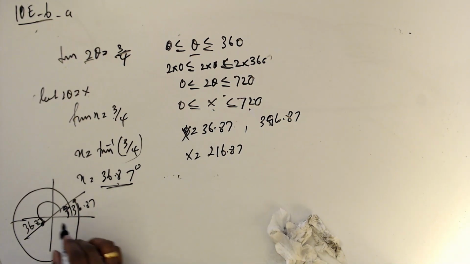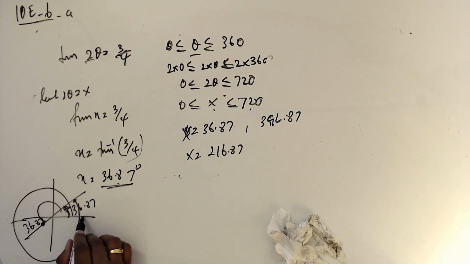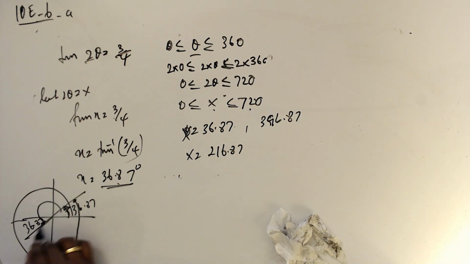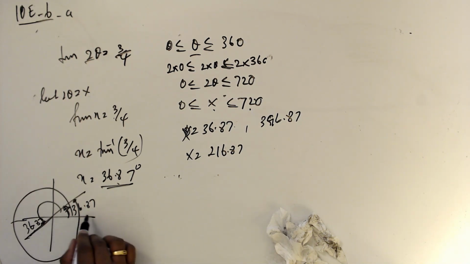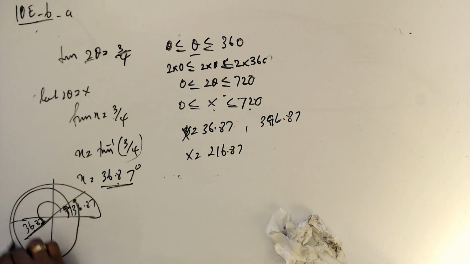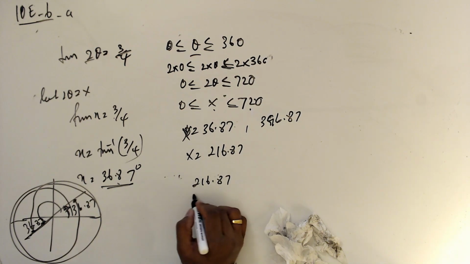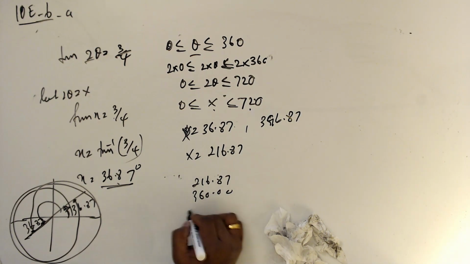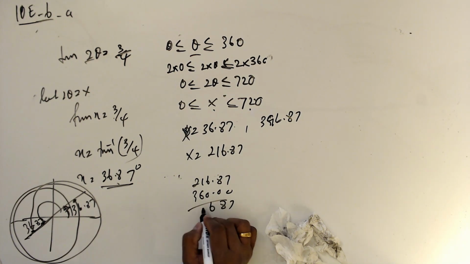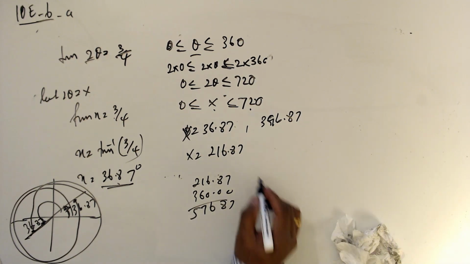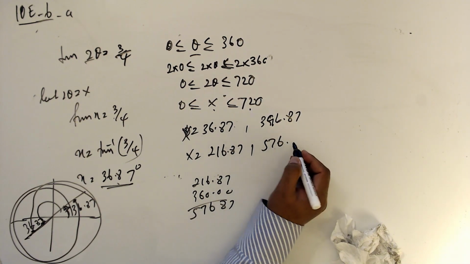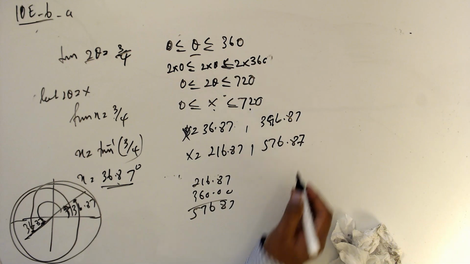Now this one, then I'll start from here. I'm going to come here. One whole round and come back to it. So then 216.87 plus 360 is 576.87.